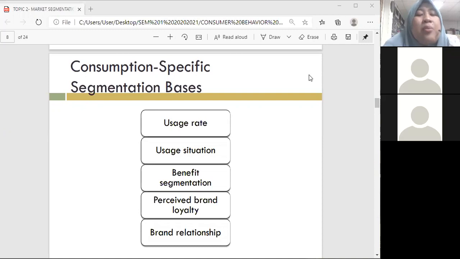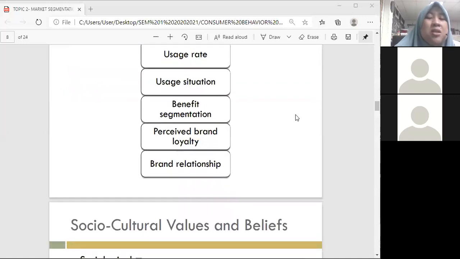And then we have brand relationship. We're talking about how the brand has a strong relationship with the segmentation, because when we talk about segmentation basis, we talk about how the brand can give enough conviction to the customer to use it. How can it portray a relationship between a brand and the customer, because the customer already has this brand loyalty, so automatically the brand relationship becomes stronger.